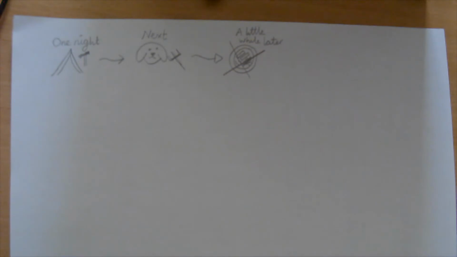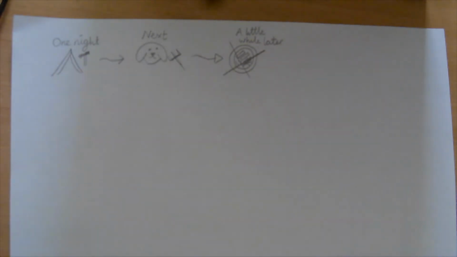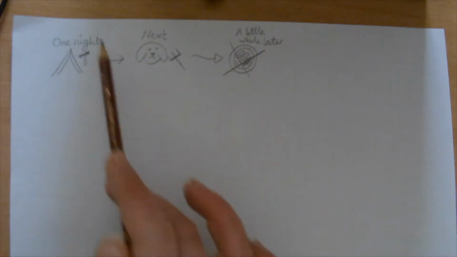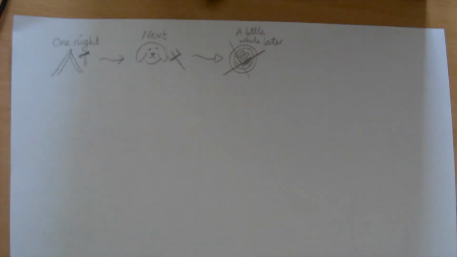Okay, now with a story map, you can tell the story as you go along. So let's go back to the first picture and think about what sentence we could have to talk about what's going on here. Going to go with one night, Max was building a den with a hammer.